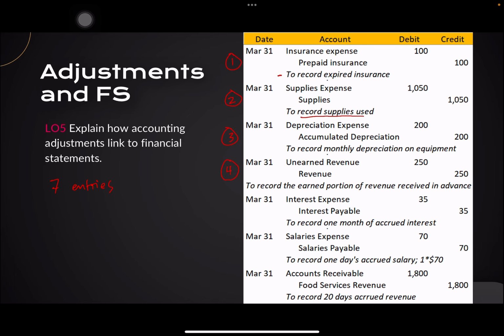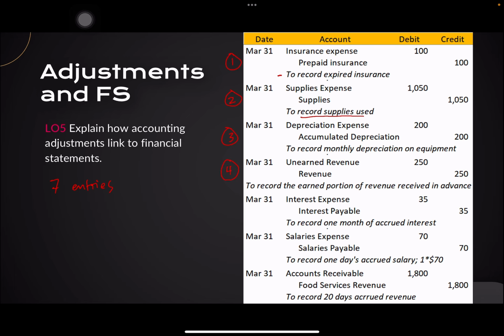This was the portion of the unearned revenue that we've already actually earned, or provided service to our customer. So that amounted to $250. Initially, the unearned revenue was part of the liability, but since we've already earned this, we will now need to decrease our liability and set up an income or sales or revenue to signify that our equity has increased.